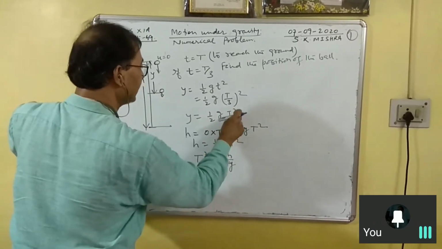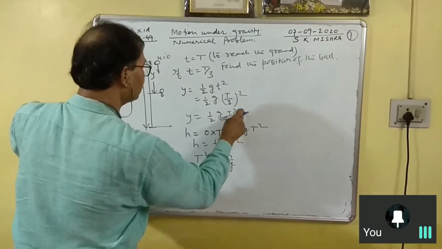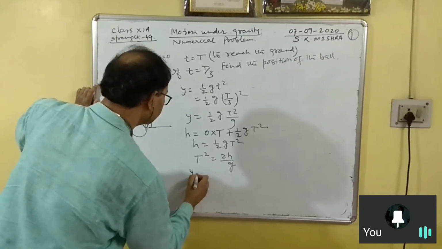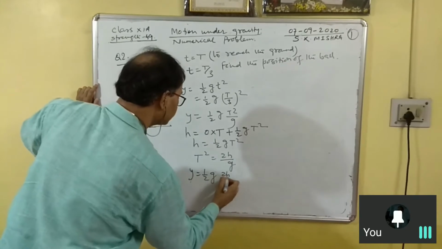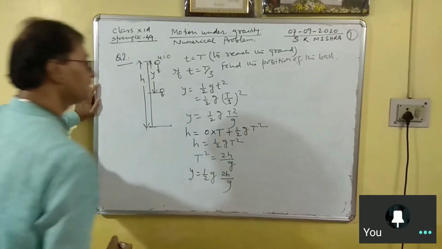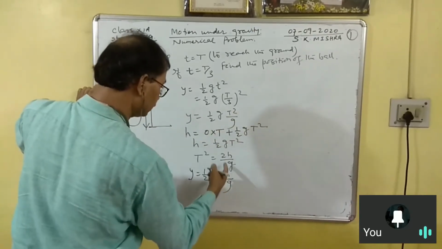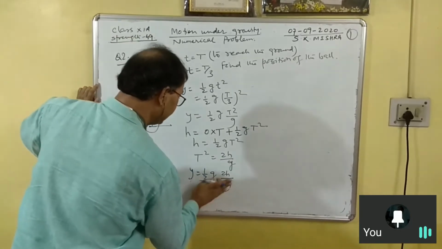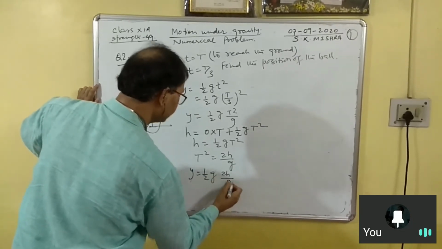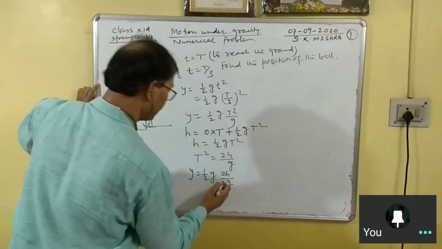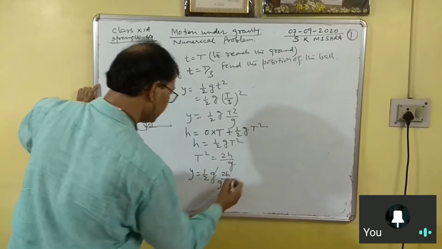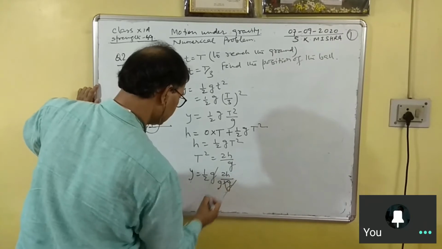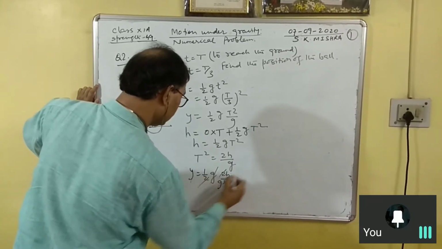Now put the value of T square here: y equals half g t square, which is half g into 2h by g into 1 by 9. Cancel g, g, and 2, 2. So this is h by 9.